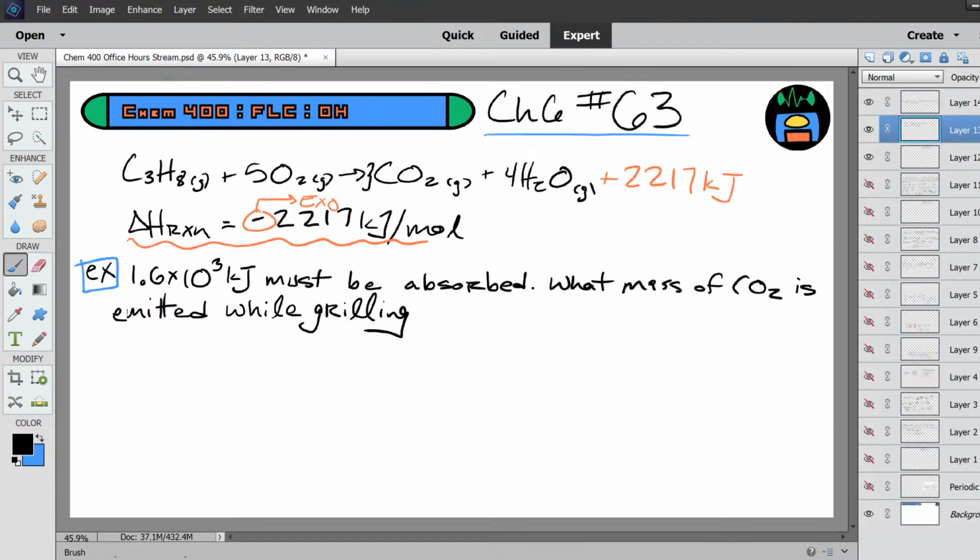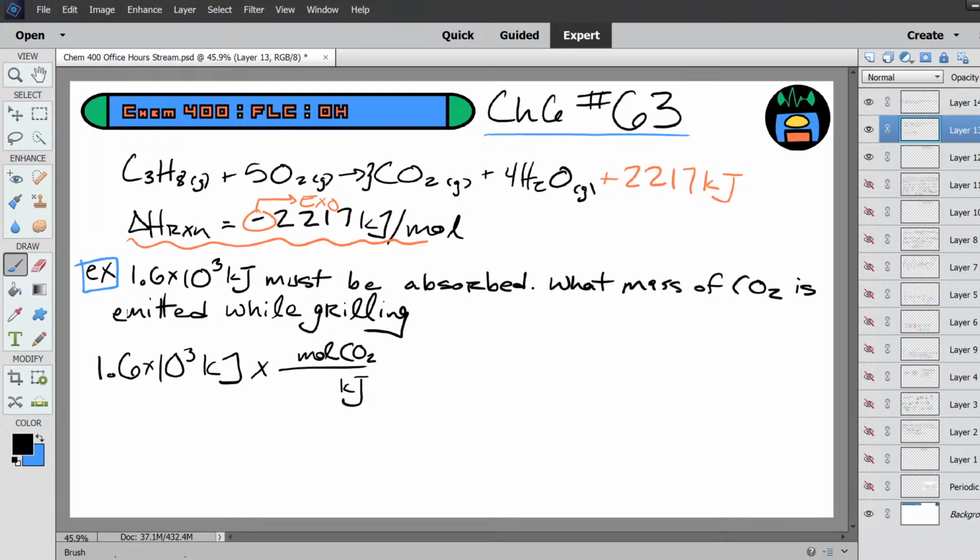Now, we're told that it takes 1.6 times 10 to the third kilojoules to cook this pork. And we're asking how many grams of carbon dioxide are emitted. So we need a unit conversion to convert from kilojoules of energy to moles of CO2. Once we have moles of CO2, we can convert to grams.